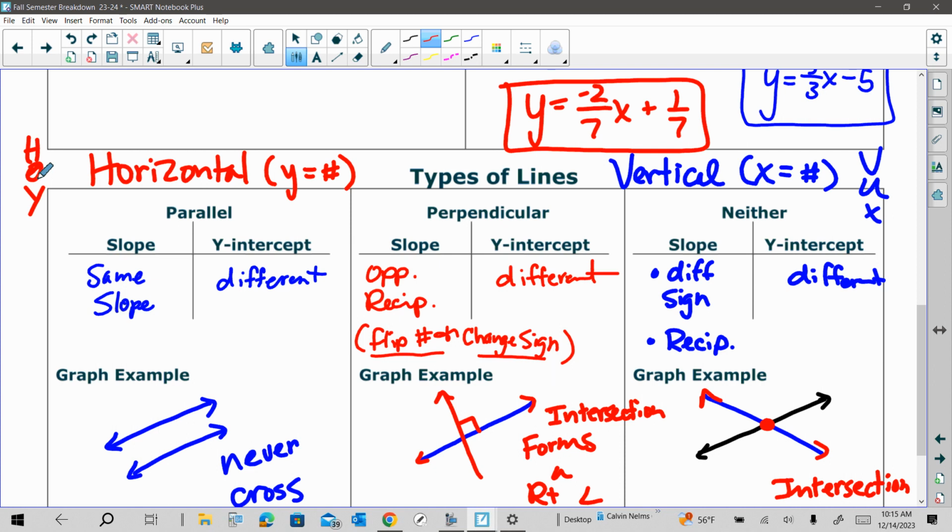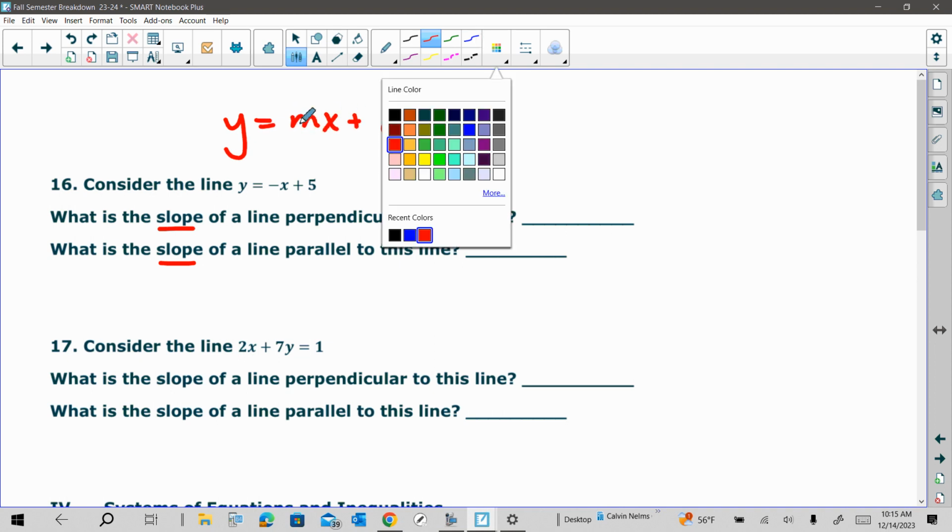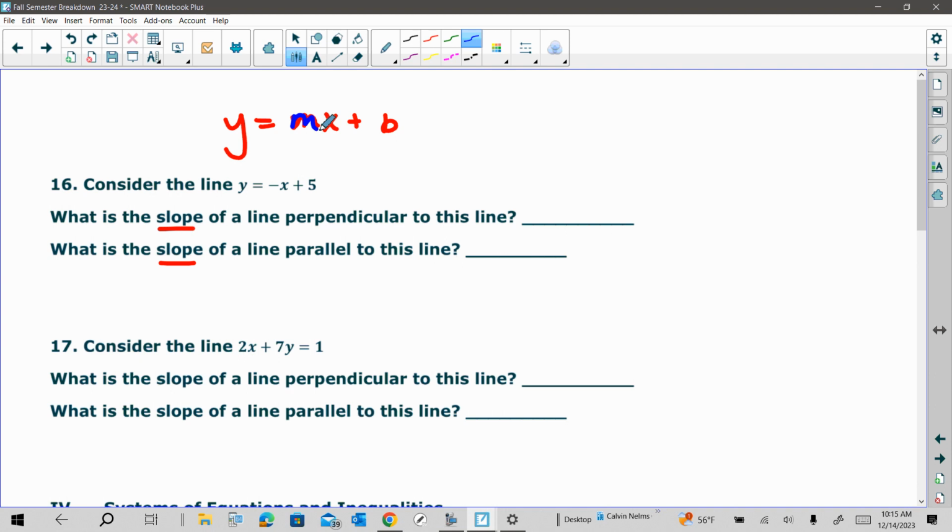Okay, so then basically I'm kind of sharing the problems y'all had to do on the online part. This percentage was low. So in order to determine if they're parallel, we have to look at their slopes. And the best way to see the slope is in mx plus b form, because the m is our slope. If I don't see the number in front of x, we have to remember that's an invisible 1. So here the slope is negative 1.